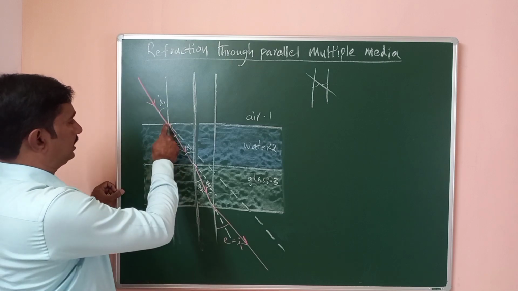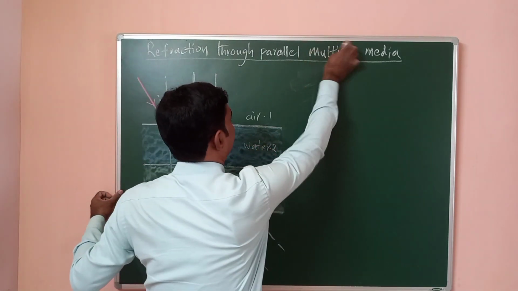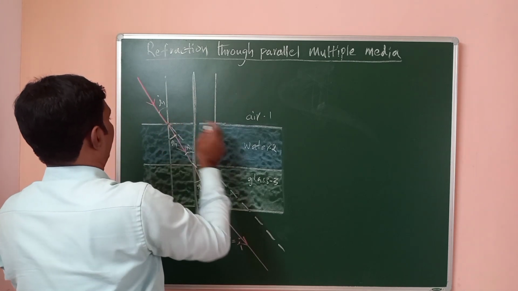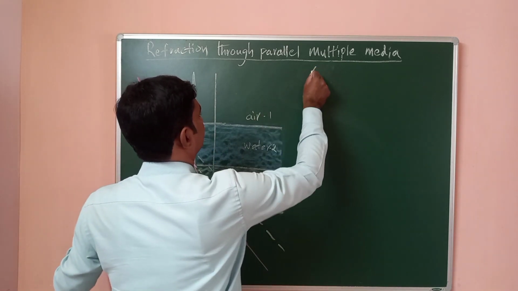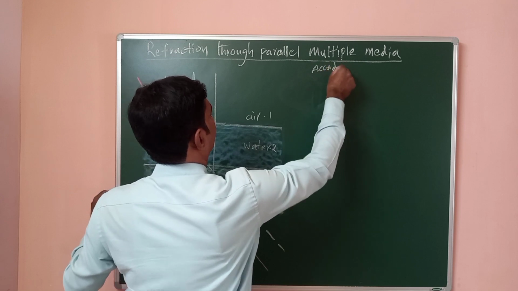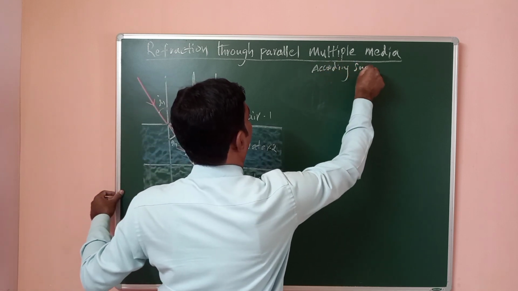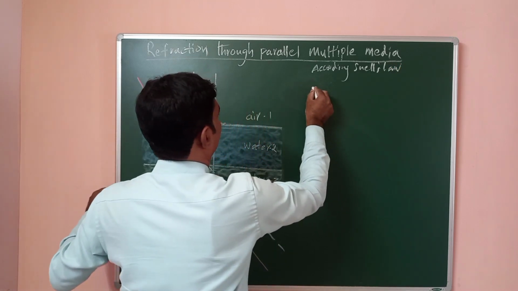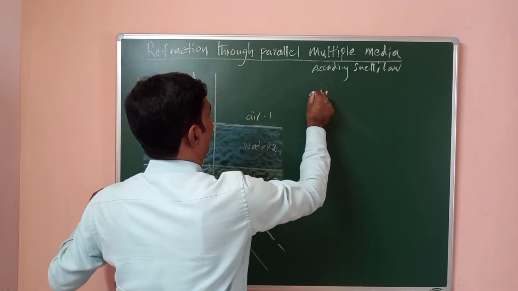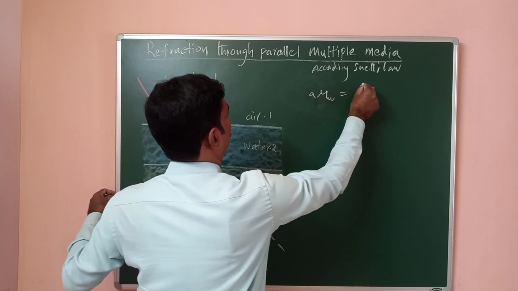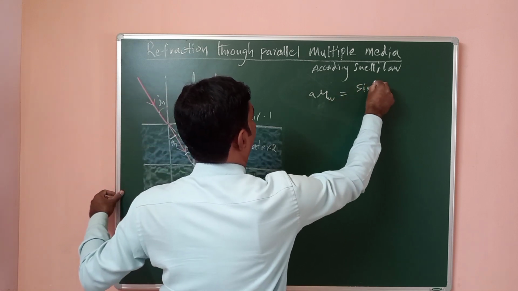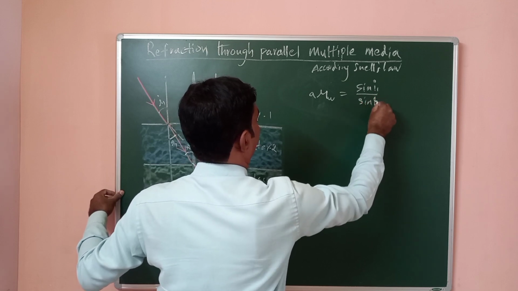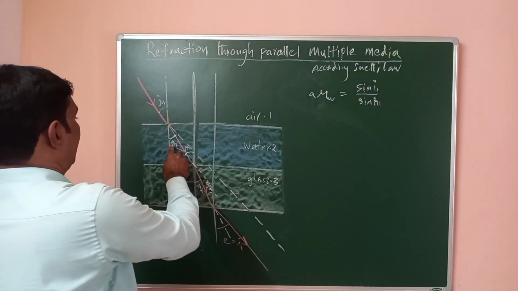Now if you write Snell's law at the first interface, according to Snell's law, when light is traveling from air to water, mu A to W is equal to sine I1 by sine R1.